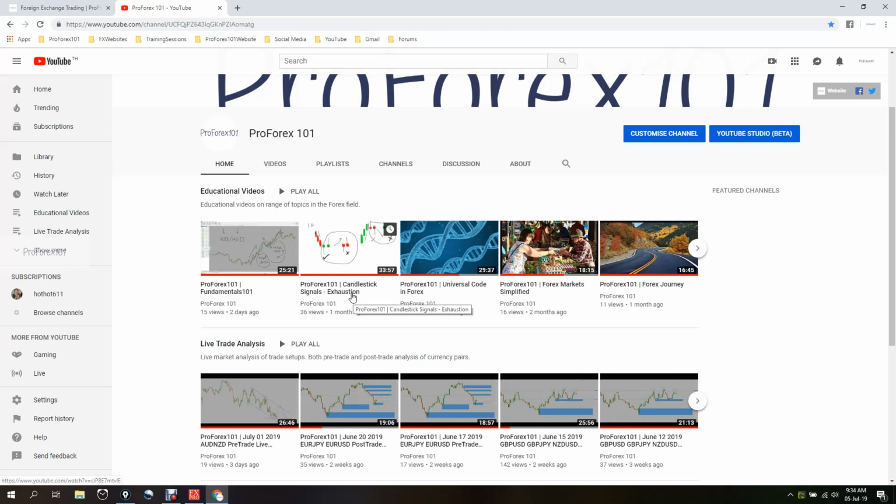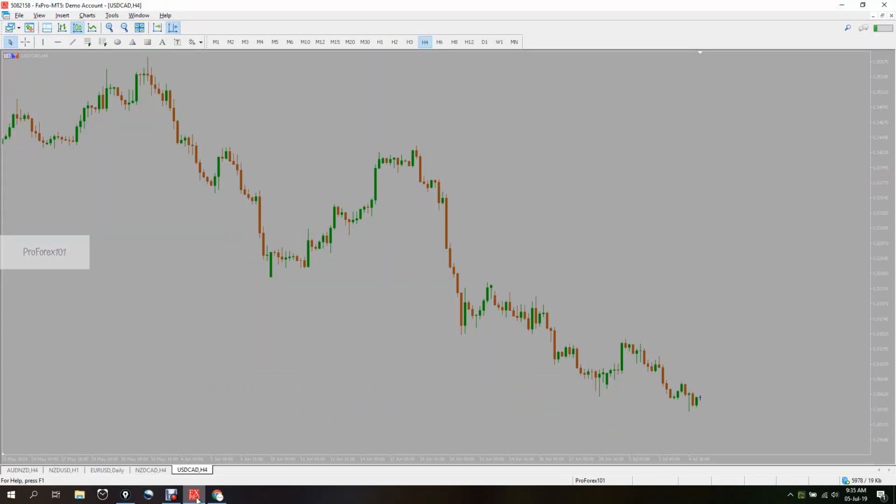We'll also get down to the very tiny minor details of the engulfing signals, just the same as how we did for the exhaustions. All right, guys, so let's get started.